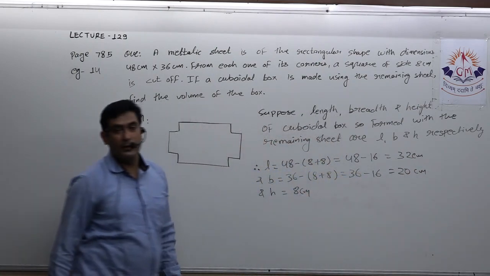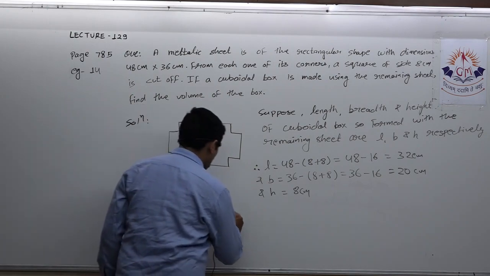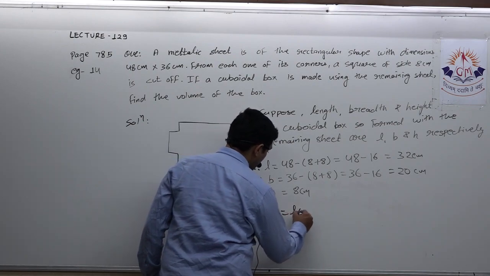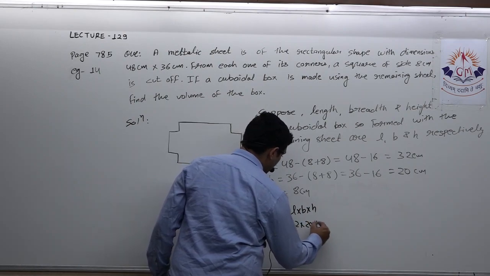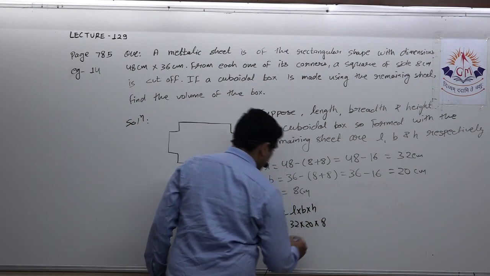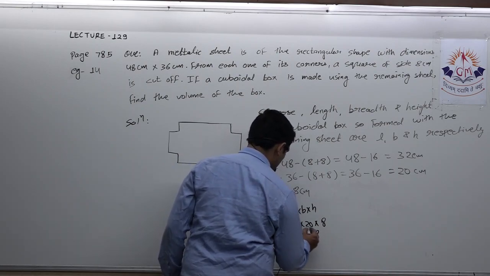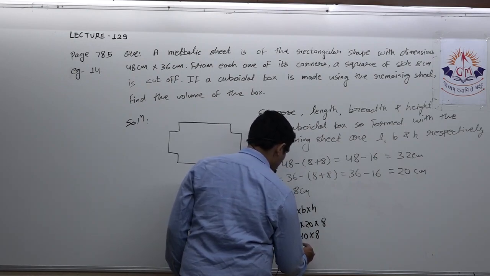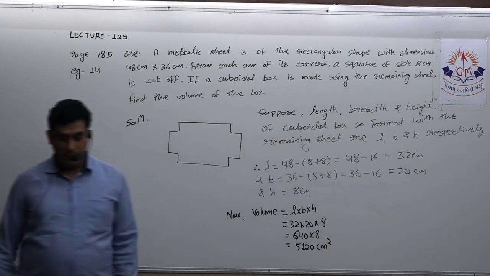Here we got the length, breadth and height of that cuboidal box. Now simply we'll find the volume. Volume is equal to L into B into H, that is 32 into 20 into 8. This gives you 640 into 8. Finally 5120 centimeter square. That is the volume of that box.